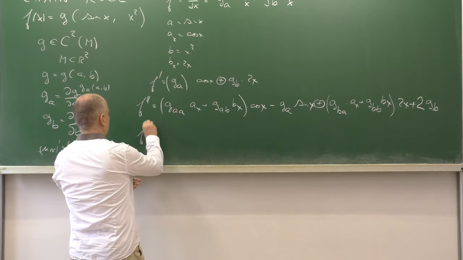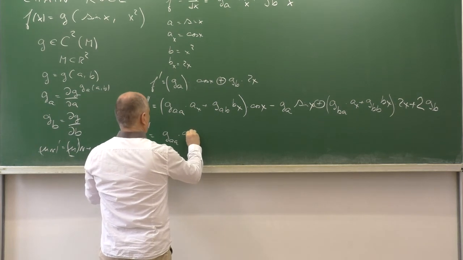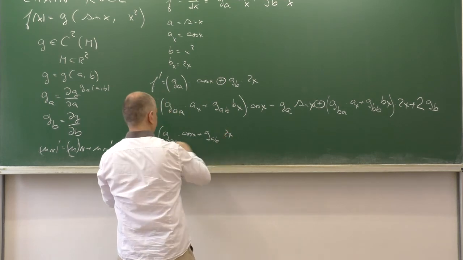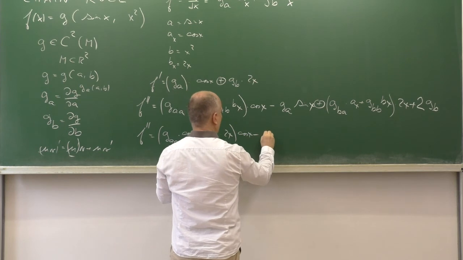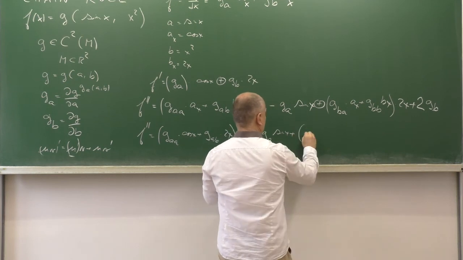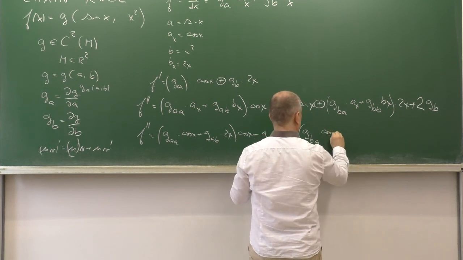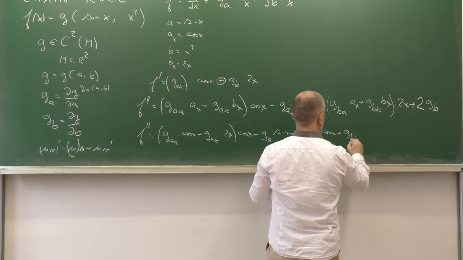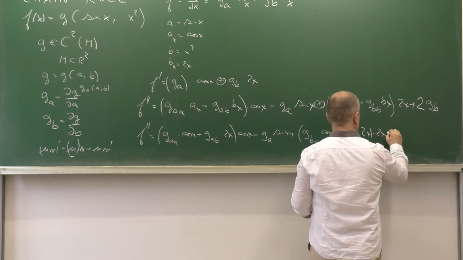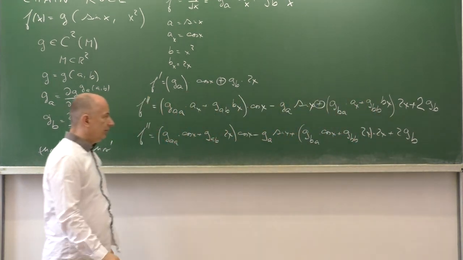So we can simplify this a little to arrive at gaa times cosine of x plus gab times 2x, times cosine of x, minus ga times sine of x, plus gba times cosine of x plus gbb times 2x, times 2x once again, plus 2gb. So this is the result for the second derivative.